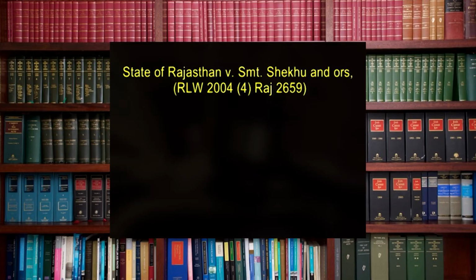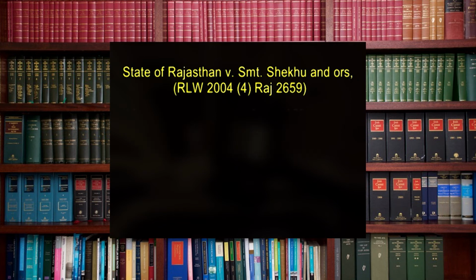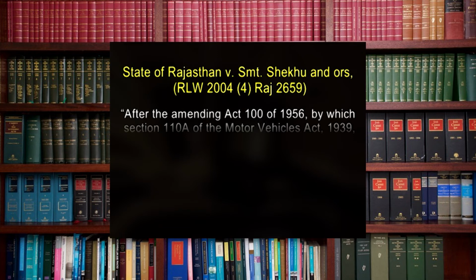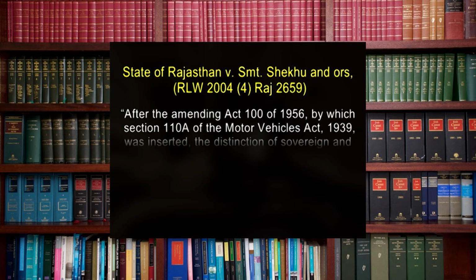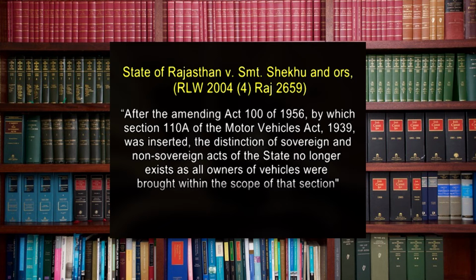In another case, State of Rajasthan versus Shrimati Shekhu and others, the court categorically ruled out the application of the doctrine of sovereign immunity to the Motor Vehicles Act and held, quote, after the amending Act 100 of 1956, by which Section 110A of the Motor Vehicles Act of 1939 was inserted, the distinction of sovereign and non-sovereign acts of the state no longer exists, as all owners of vehicles were brought within the scope of that section.